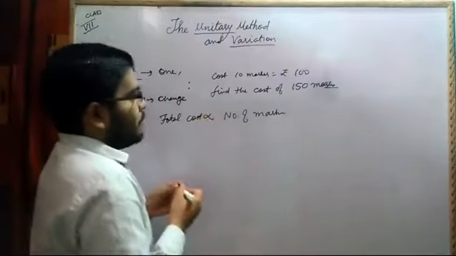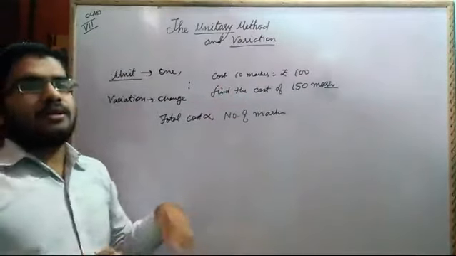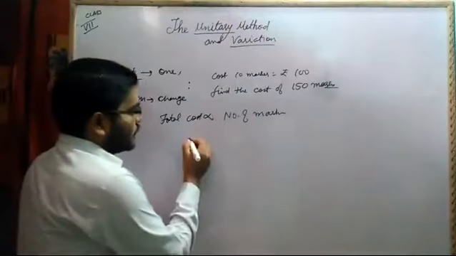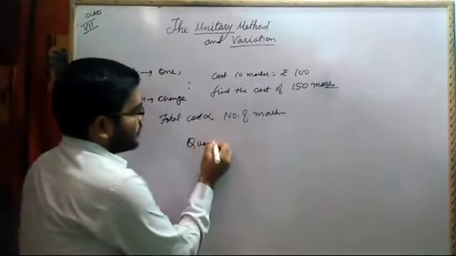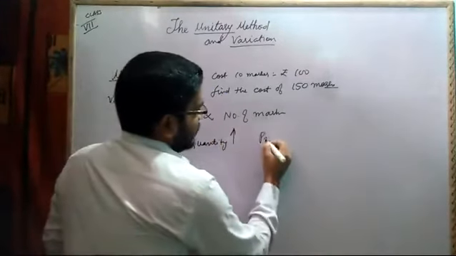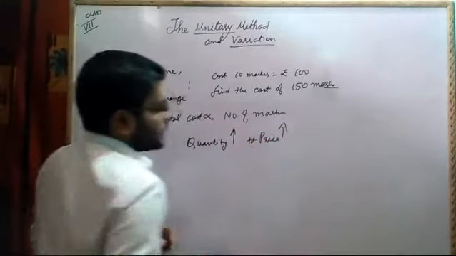If one marker costs 10, then 2 markers will cost 20, 3 markers 30, 4 markers 40. So what you are observing is that if the quantity is increasing, then the total price is also increasing.